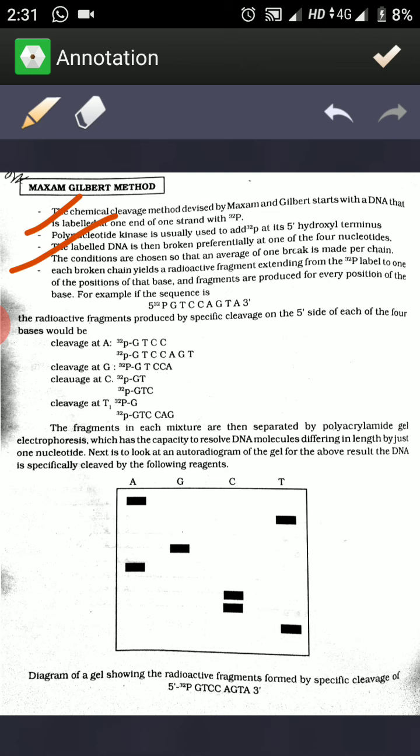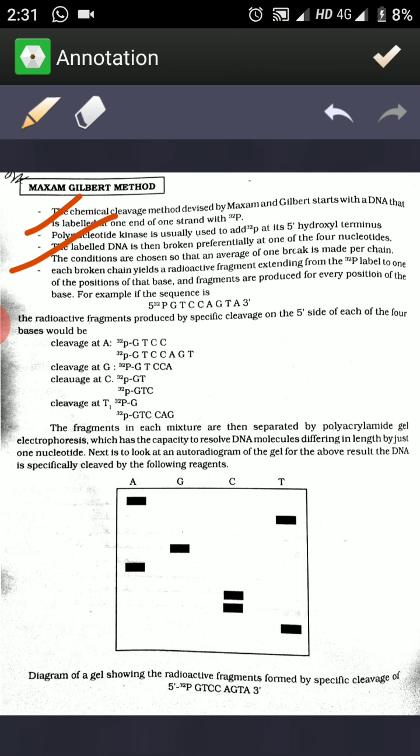The labeled DNA is then broken preferentially at one of the 4 nucleotides. The conditions are chosen so that an average of 1 break is made per chain. Each broken chain yields a radioactive fragment extending from the label P32 to one of the positions of that base, and fragments are produced for every position of the base.